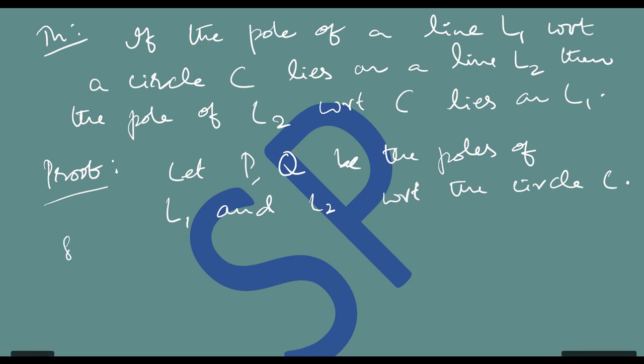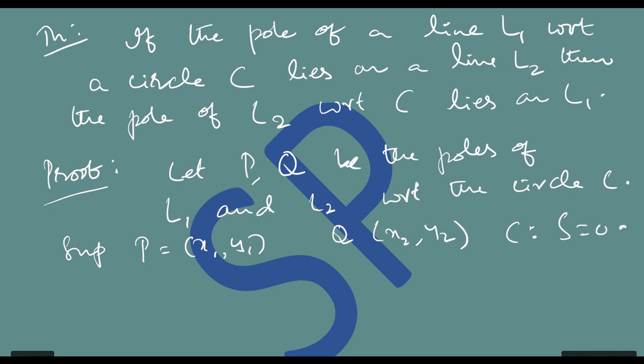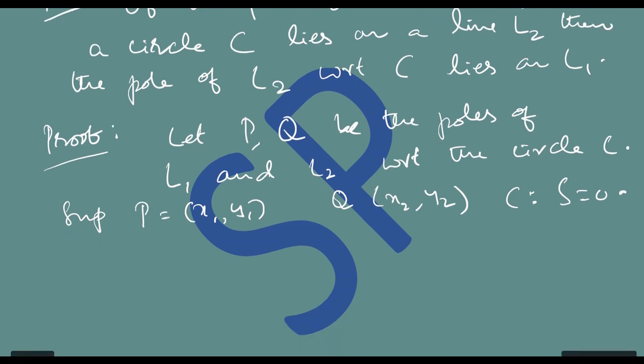Assume that P is (x1, y1) and Q is (x2, y2) and C is nothing but S equal to 0. Observe that P is the pole of L1. So for P, L1 is nothing but the polar.